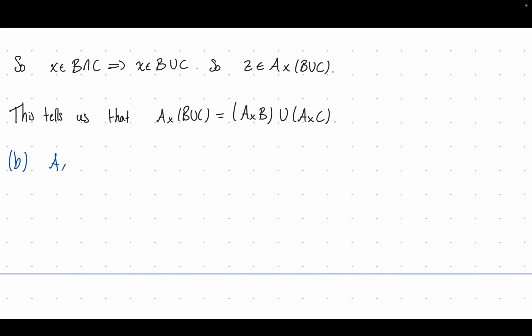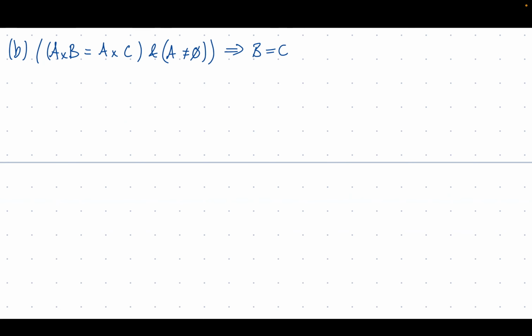is that A cross B equals A cross C, and A is not equal to the empty set. This implies that B equals C. Okay, so this is an implication proof, so we assume the left-hand side, also known as the antecedent, and we prove the right-hand side is true, also known as the consequent.